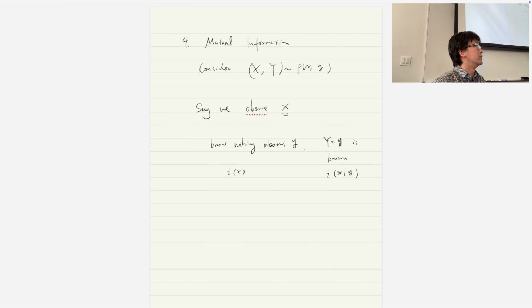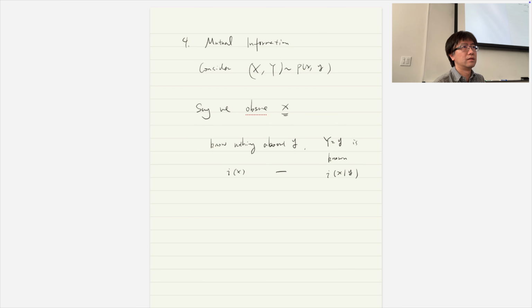It means that we know nothing. Is it just the difference between them? Exactly, that's the difference. The first one means that we absolutely know nothing. This is the uncertainty of x. If we know y already, this is the remaining uncertainty of x. And the difference between them is the information we gain, or the reduced uncertainty.